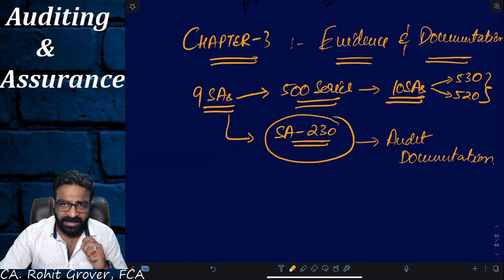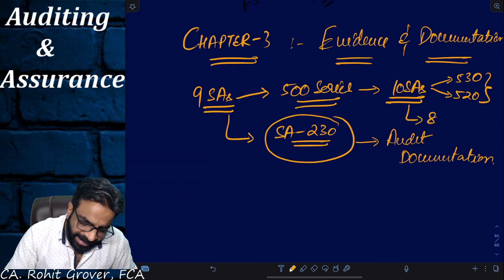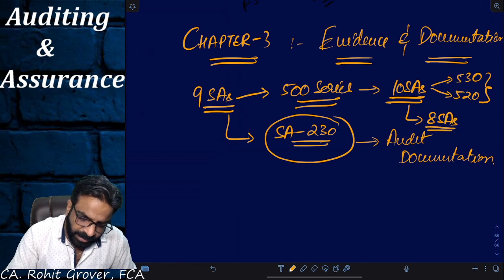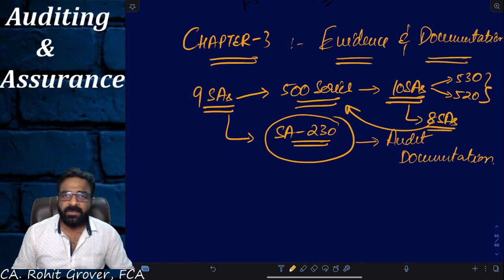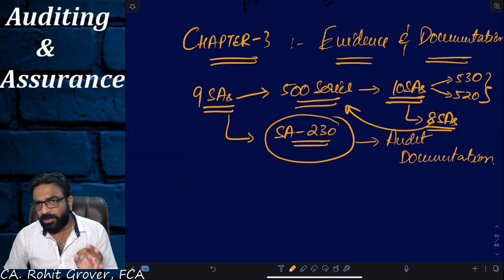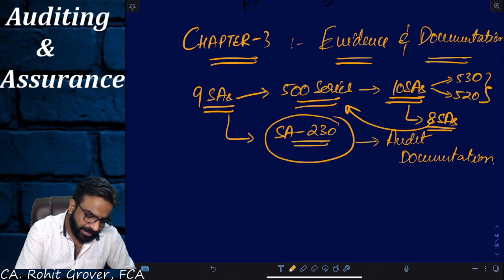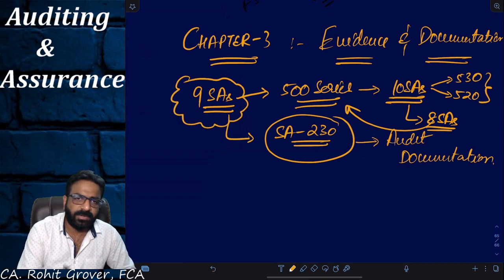It means here in this chapter, we are going to do 8 standards on auditing relating to which series, everyone? 500 series. So relating to the 500 series, we have to do 8 standards on auditing, and relating to the 200 series we have to do one standard on auditing. In total, 9 standards on auditing we are going to do.